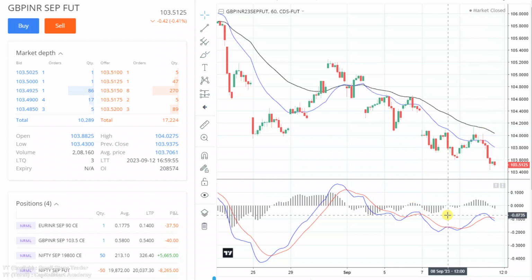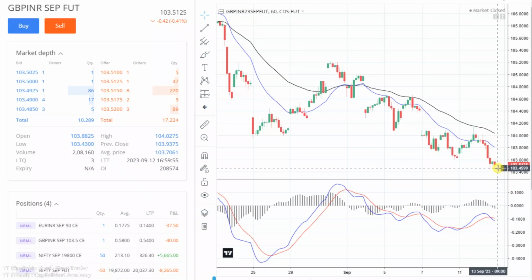Also the MACD and signal are below zero, which means it is in the bearish zone only. So don't add any position. If you already have a short position, don't add any long position until you get confirmation. So this is all about GBP.